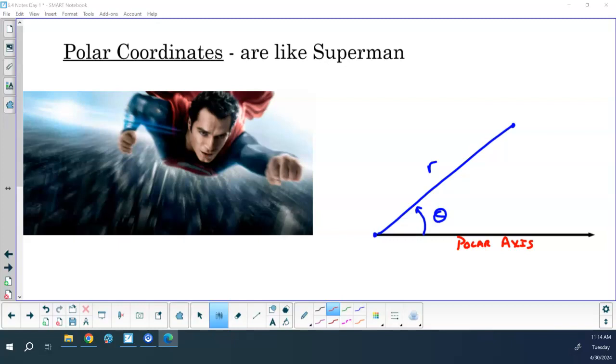The nice thing for us is that this angle theta is going to be a math or a trig angle. So 0 is going to be out to the right. Counterclockwise is going to be positive. Clockwise is going to be negative. And unit circle angles, if you will.